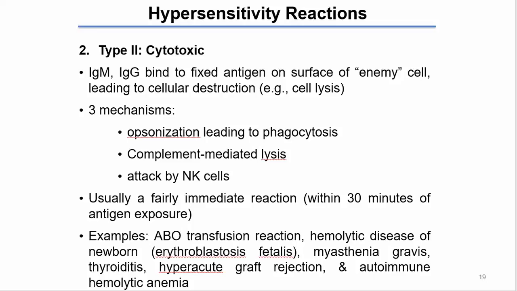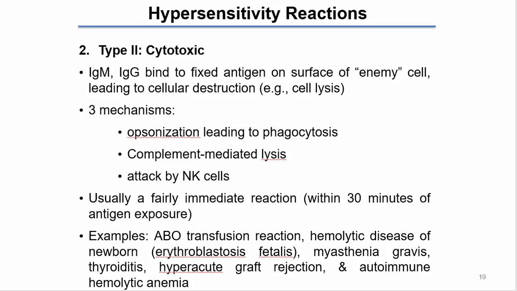NK cells will cause those cells to die through apoptosis, and this is quick, and for the most part, this is how we want the system to work. But sometimes it's working against us. It happens, like I say, very quickly. So some of the examples, and it's a good idea to be able to come up with examples of each of these. Hint, hint for test purposes.